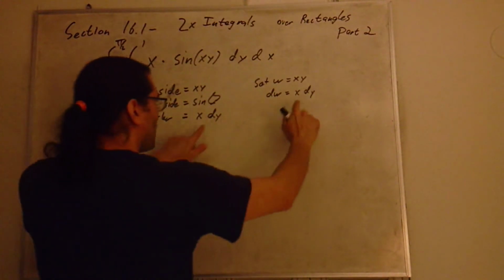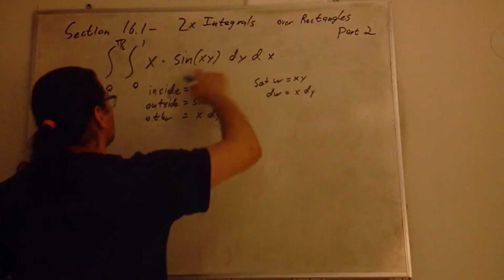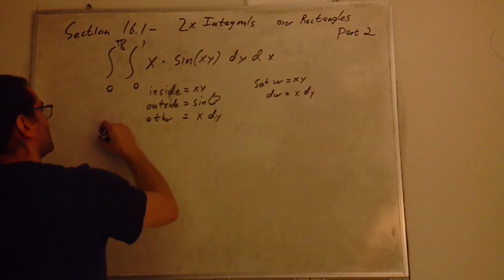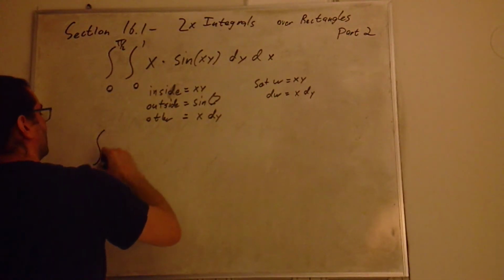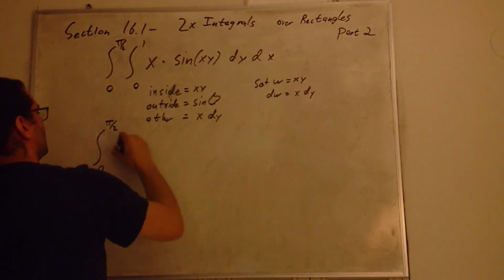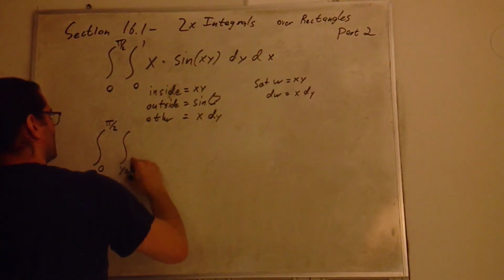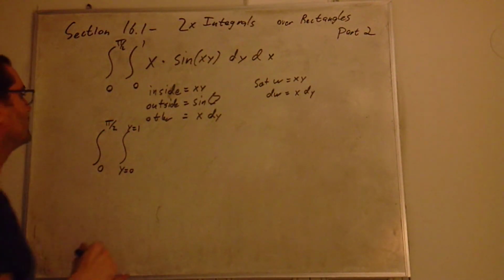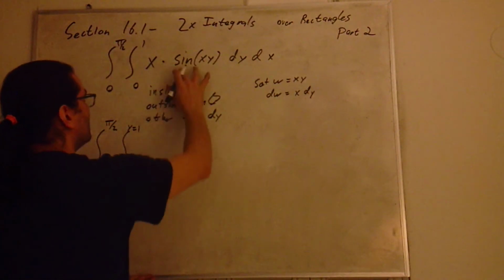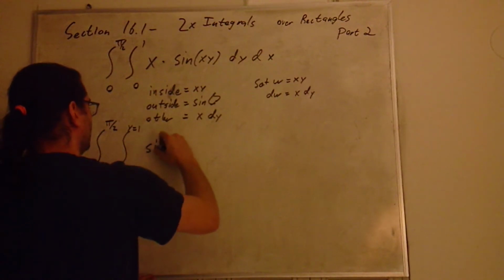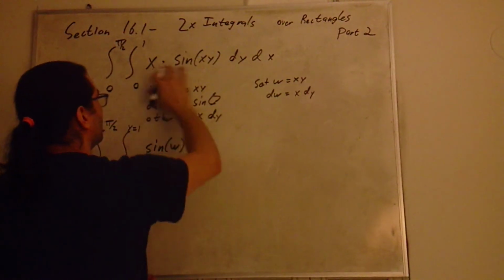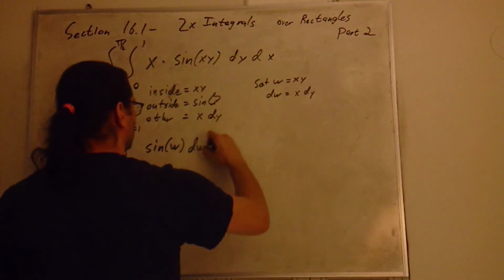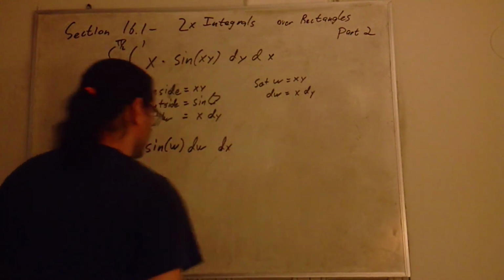So, we do have a perfect match here, so we can call this the integral from 0 to pi over 2 of the integral from y equals 0 to y equals 1 of the sine of w dw, and then the dx is going to hang out.